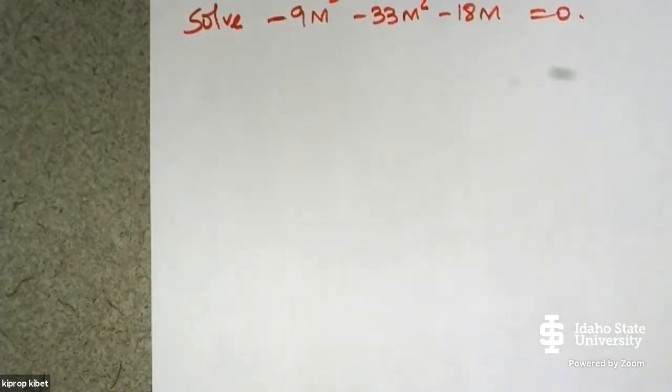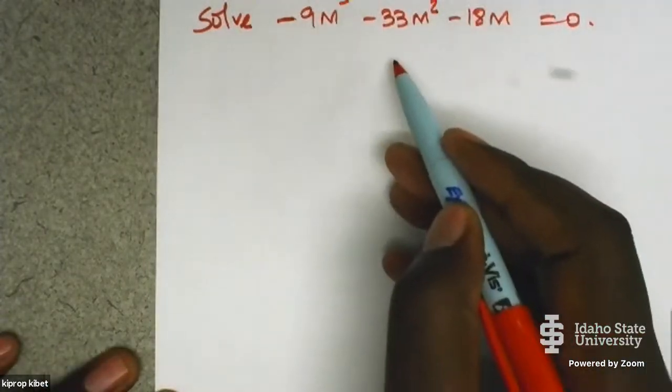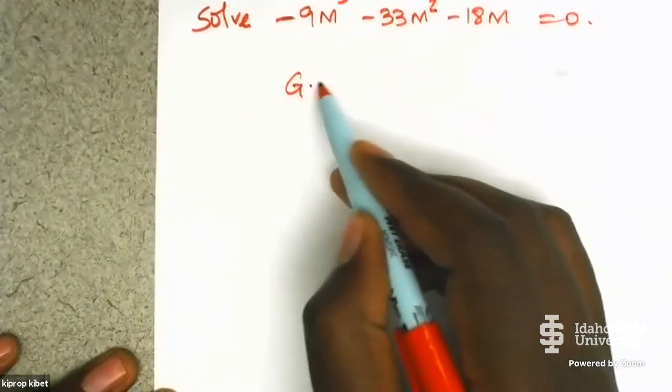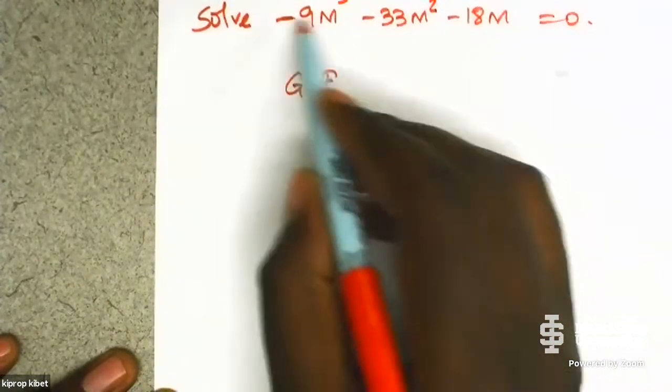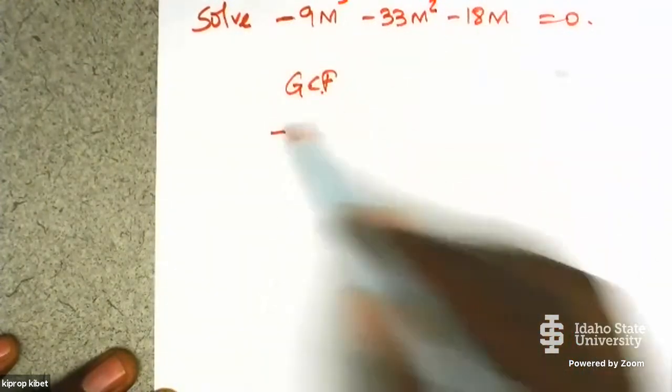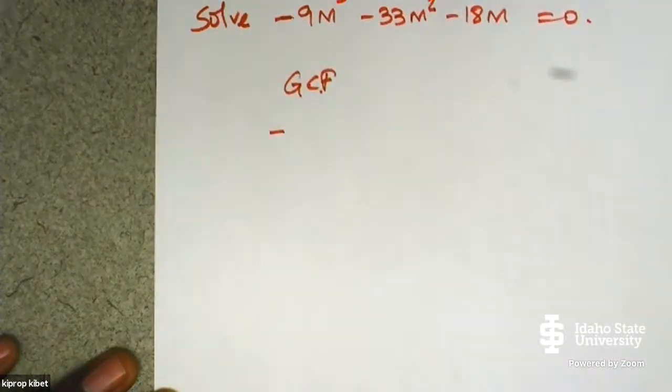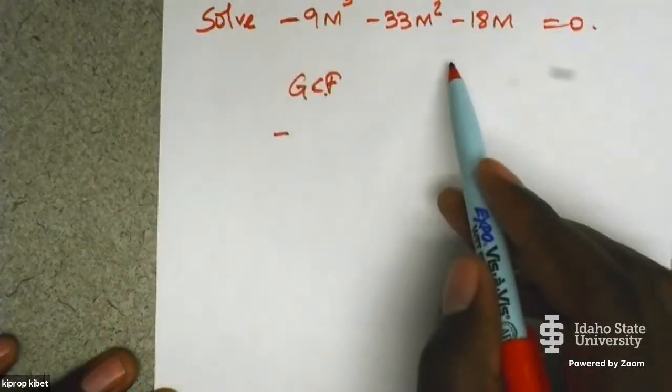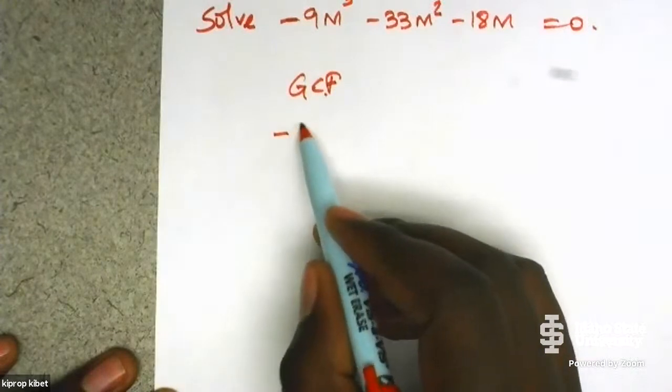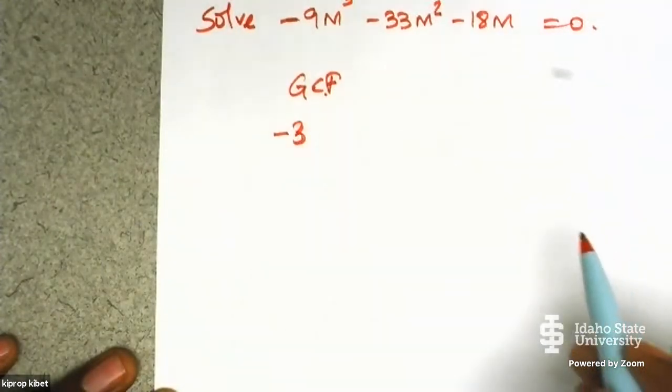The first step is, what is the GCF of this? The greatest common factor is negative, correct. The other one is 3.